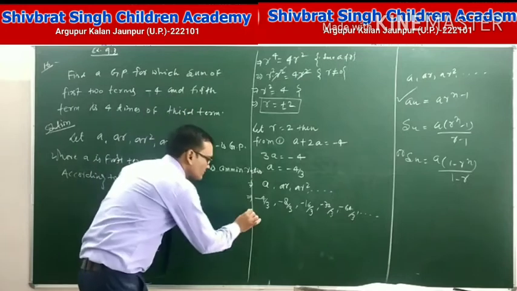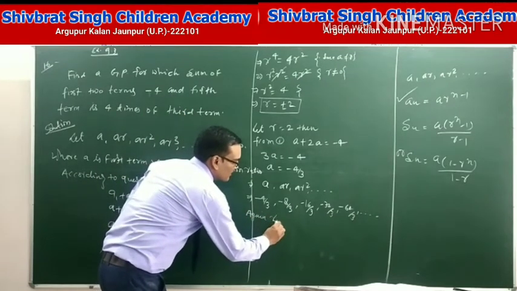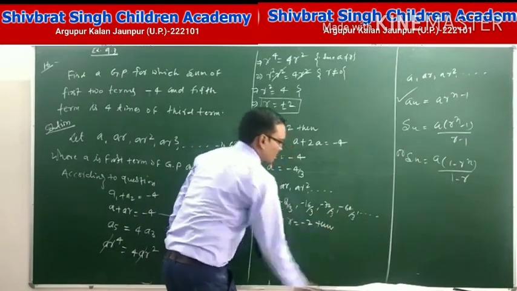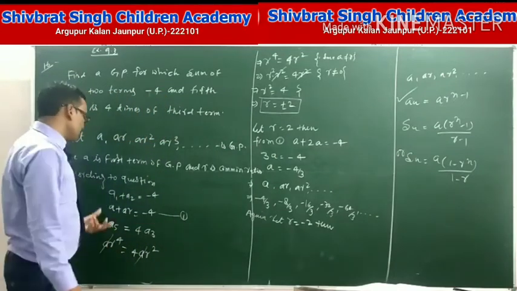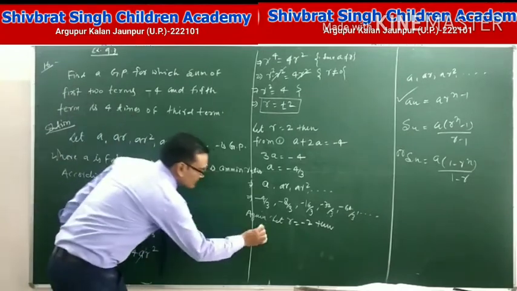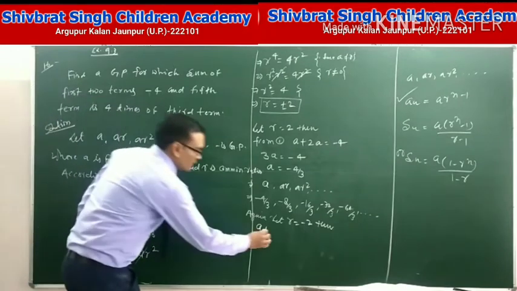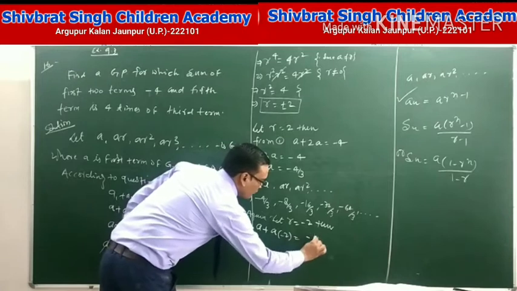Again, let r equal minus 2. Then the value of a: putting r equal to minus 2 in the first equation, a plus a times r, with r equal to minus 2, equals minus 4.